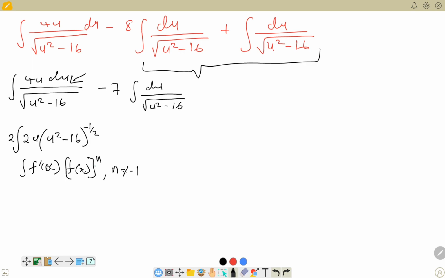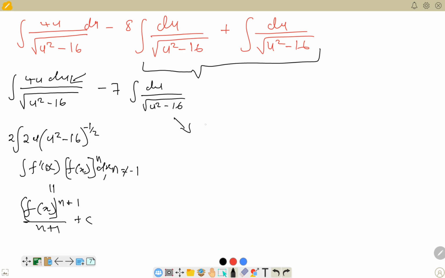So this formula can work. It says that if you're having an integral that looks exactly like that, what we need to do is to say f of x to the power n plus 1 over n plus 1 plus c.